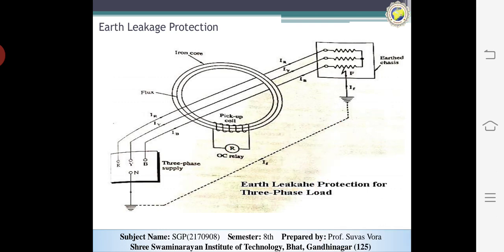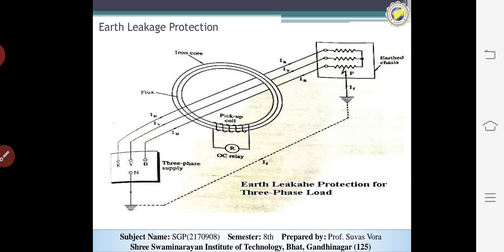So you can see the basic construction of the earth leakage protection for a three-phase load. Here we put only one coil for the three-phase system, sensing the three phases. When a fault or leakage occurs, any one of the lines will be highly energized and a large current will flow, and a deflection will be seen in the relay.